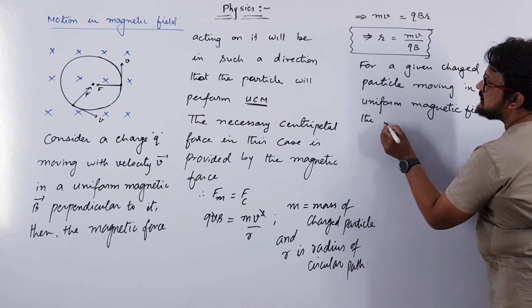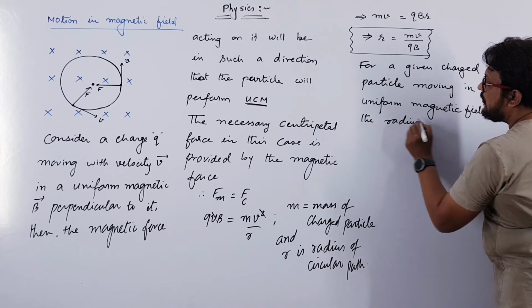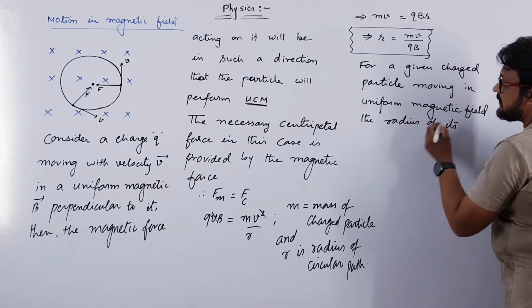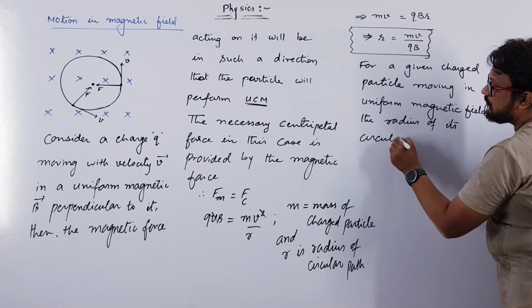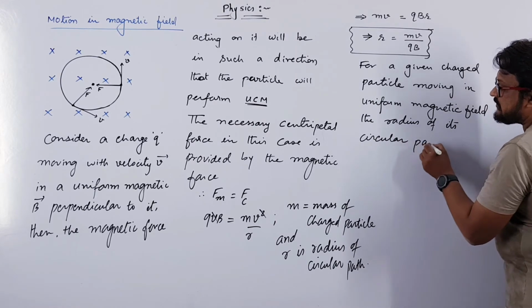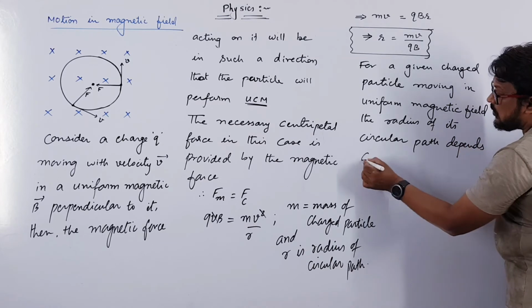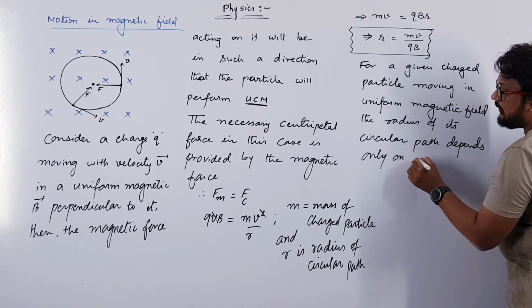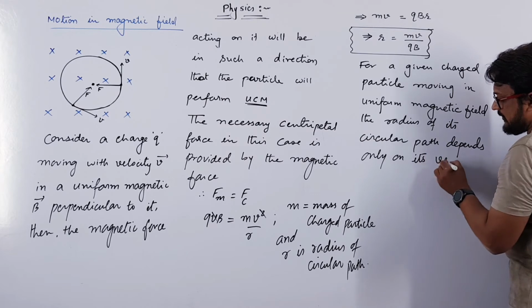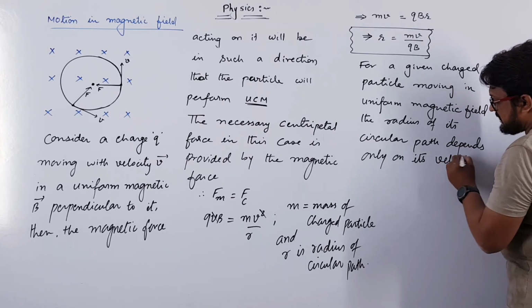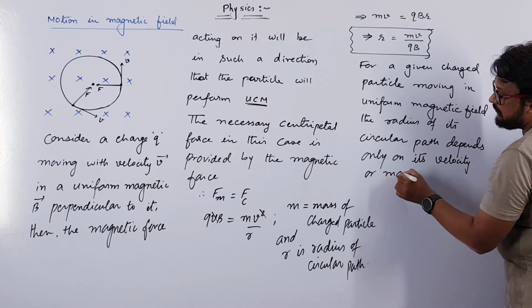The radius of its circular path depends only on its velocity, you can say, or you can say on its momentum.